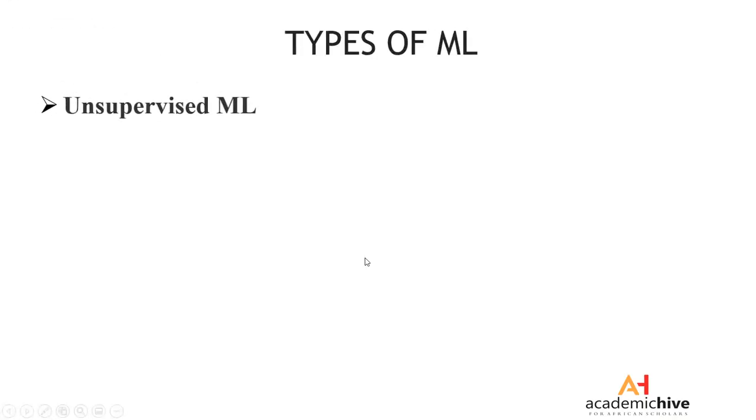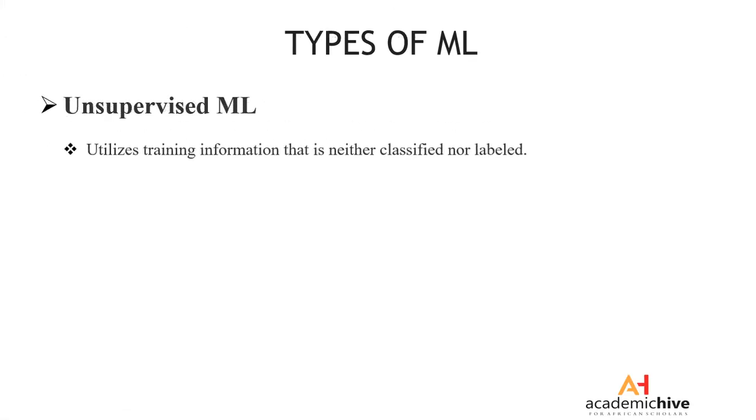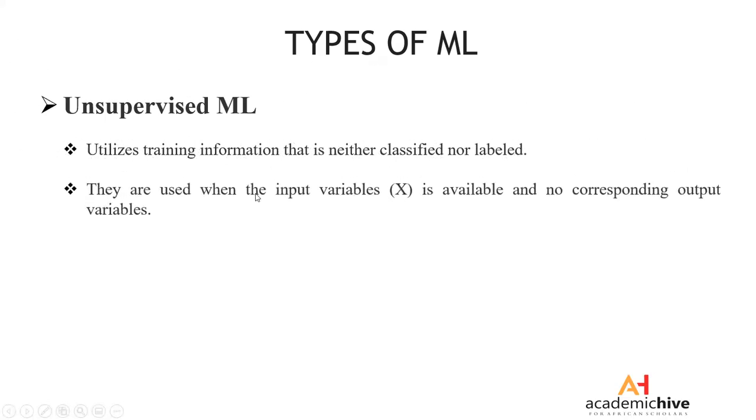So in unsupervised machine learning, you give a data set that does not give what the output should be. This is the basic difference between supervised and unsupervised machine learning. Unsupervised machine learning utilizes training information that is neither classified nor labeled, meaning an output is not defined for it.